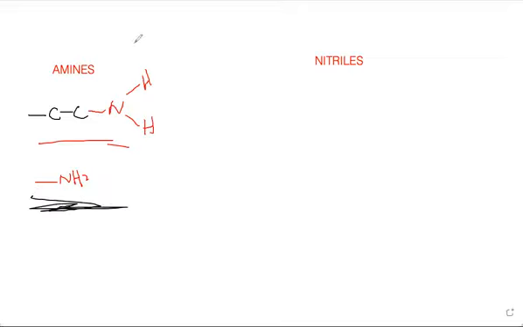Okay, let's move to the nitrile, because the word shows that there is nitrogen involved. For the nitriles, let me show you. One carbon, and one more carbon. I'm giving you the example with ethane only right now so that you can check the difference between the functional groups.